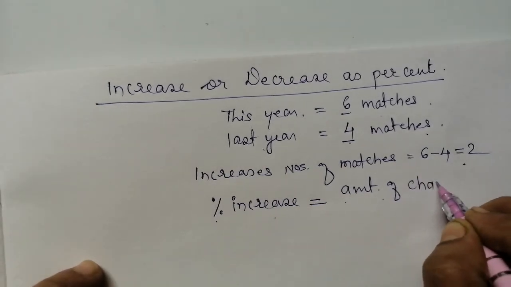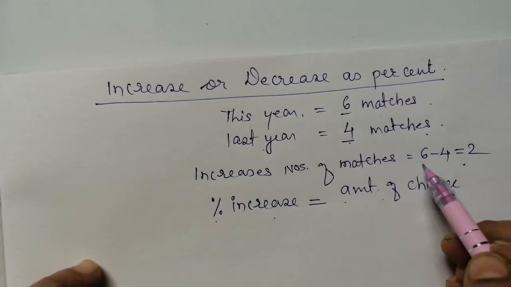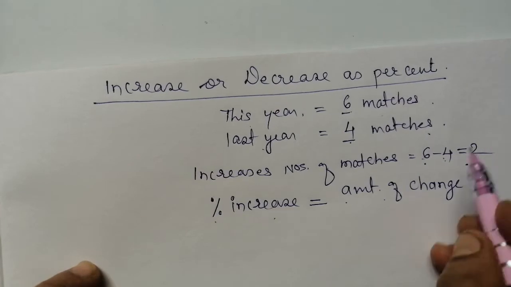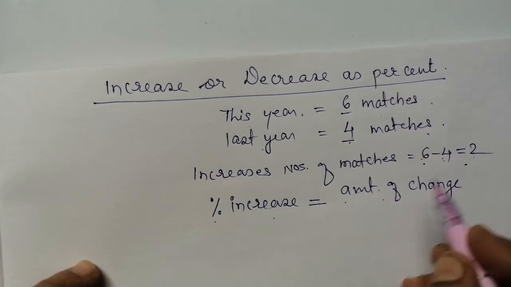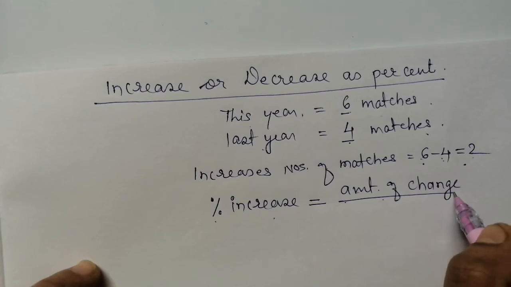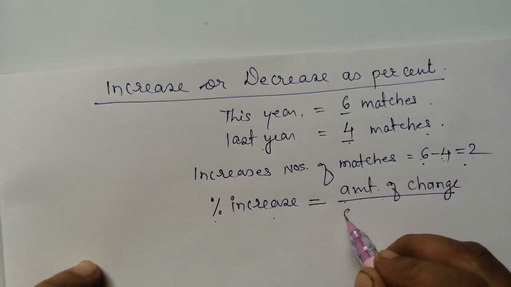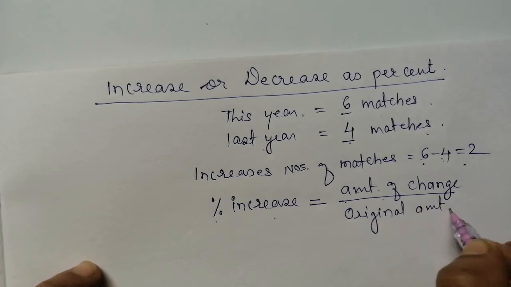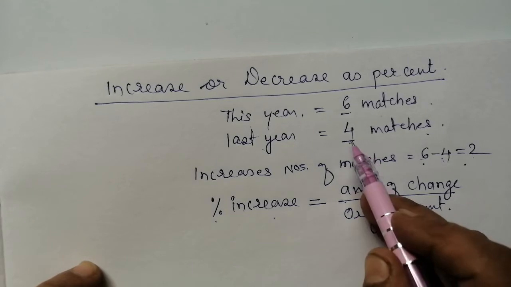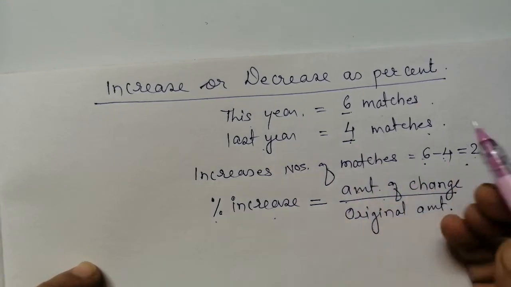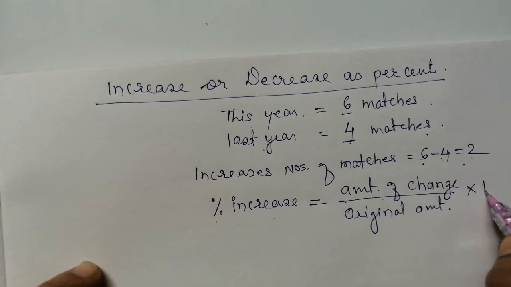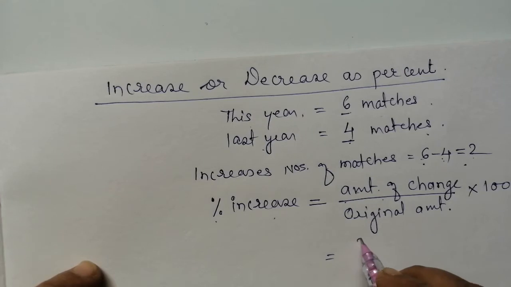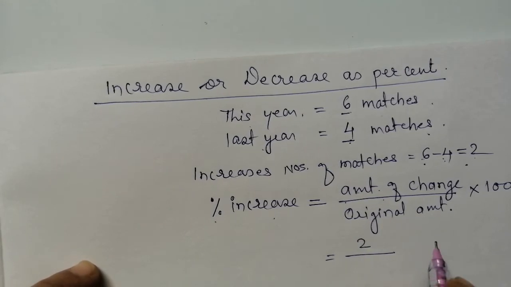Amount of change means this year matches won 6, last year 4, 6 minus 4 is equal to 2, so the change amount is 2, divided by the original amount. The original matches, how much? It was 4 matches. From the 4, you multiply by 100 and you will get the percentage increase. Now the amount of change is 2, divided by the original matches, how much?